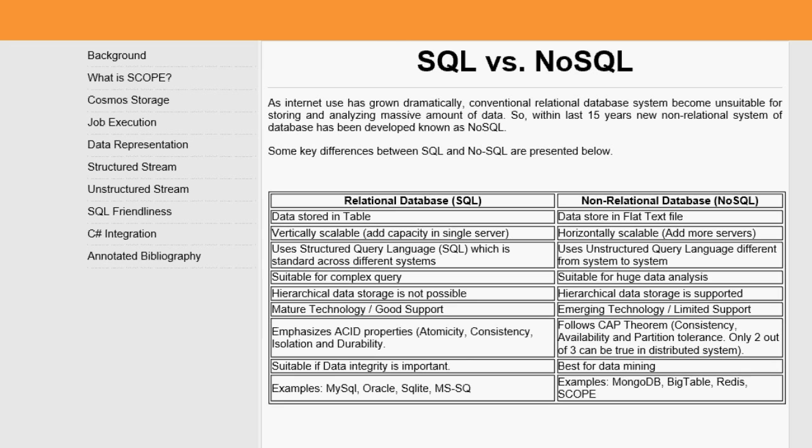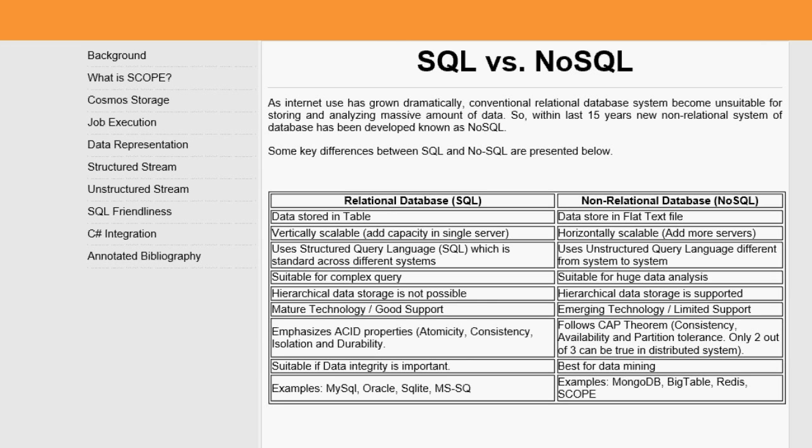You can treat the data as an object. Again, relational database technology has been here for more than 30 years, so it is really mature technology. You can get a lot of good support online, in books, and anywhere, but non-relational databases have not been here for a long time. It's just an emerging technology, and there is limited support.